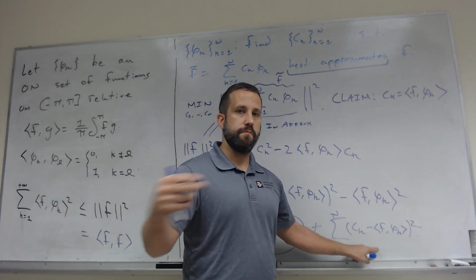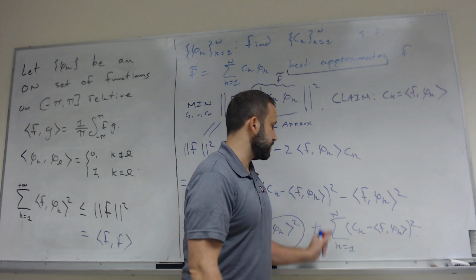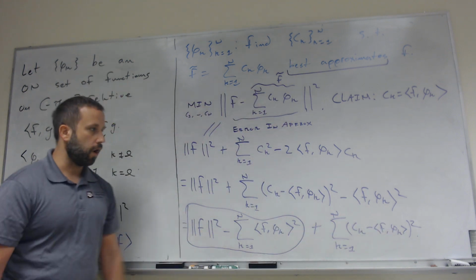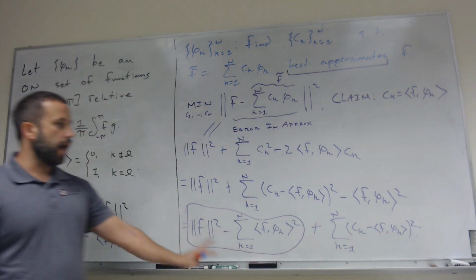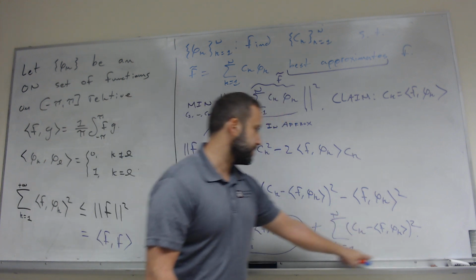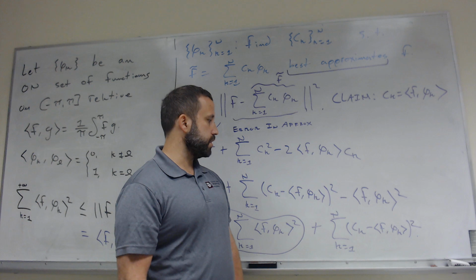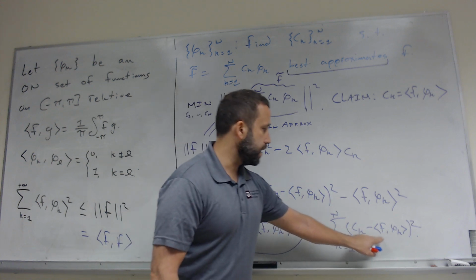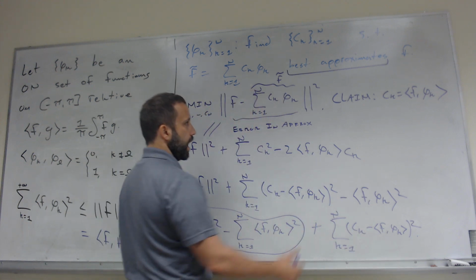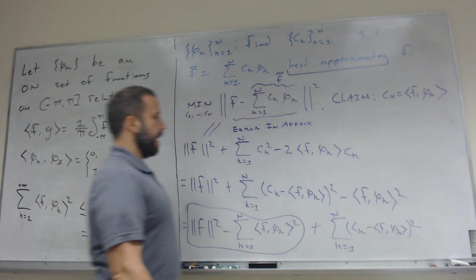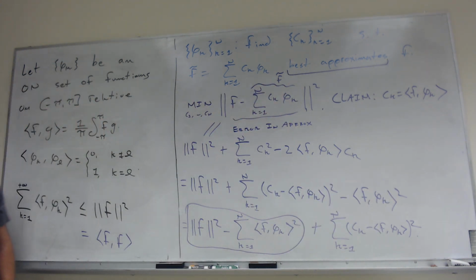We would want to make them more negative so that the sum is even smaller. But since they're non-negative, the smallest we can make this sum is to make each of these terms equal to 0. In other words, c_k is equal to the inner product of f and phi k, which is exactly what we have here. So this is the penultimate thing that we wanted to prove.